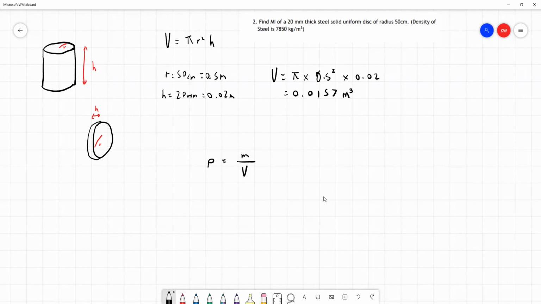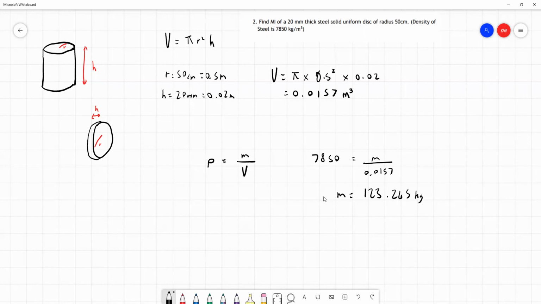Now here are some things that we know. We have been told the density in the question. It's a steel disc, so its density is given there. And we've just calculated the volume. So putting these values into this formula, density is 7850, equal to mass divided by our volume, 0.0157. We can calculate the mass of this disk is 123.245 kilograms.